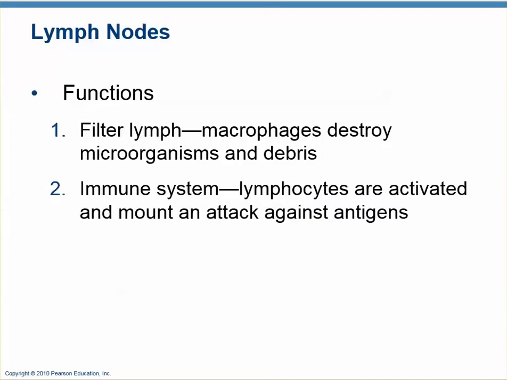So what do the lymph nodes do for us? They filter the lymph. They basically provide a place for the macrophages to clean it out, to get rid of debris, to phagocytize any microorganisms there, any debris that's there. It's also the place where the immune system becomes activated.